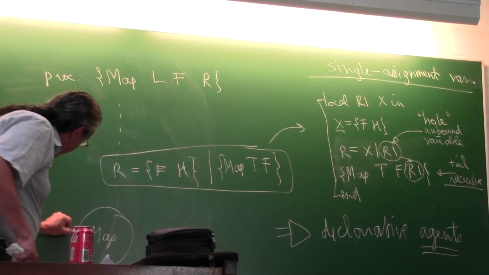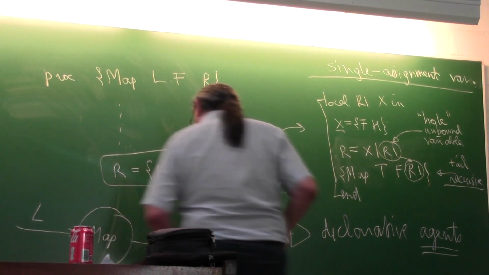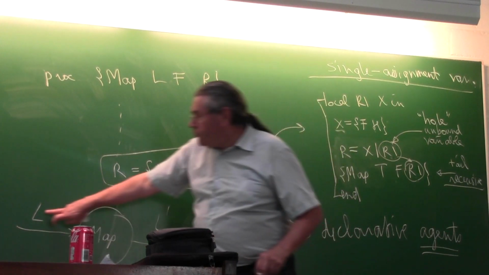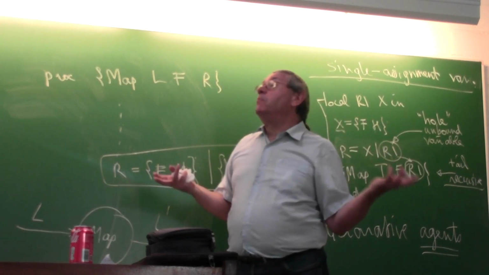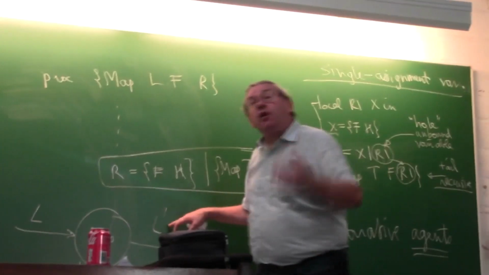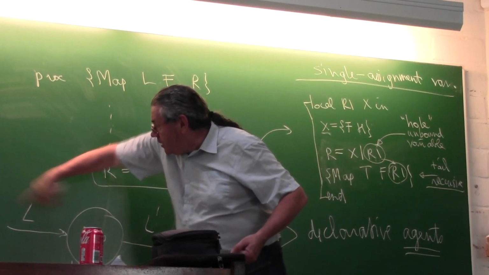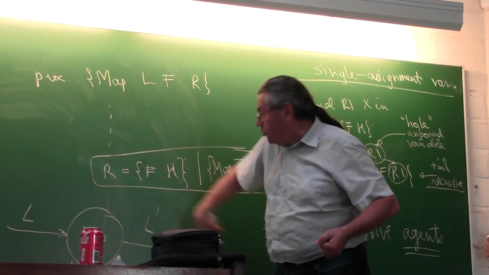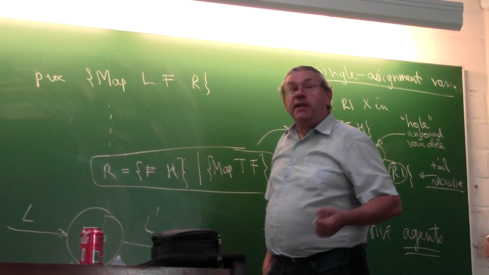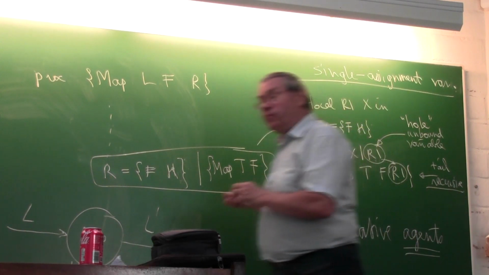Now I'm going a little faster. The L is an input stream, and then you have another one which is the output stream. So the list turns into a stream, because the elements are created incrementally, and the output stream is also created incrementally. So I have a concurrent agent taking a stream of input and returning a stream of output. And it all works because of single assignment, okay?